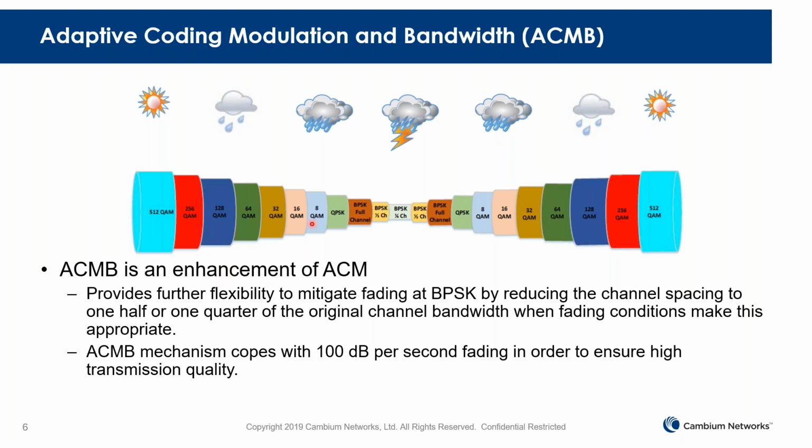When we're down to QPSK mode and we need additional system gain or margin to maintain the link, we will shrink the channel size to half of its size as the first step. Then we shrink the channel size again to 1/4 of the channel size, staying on BPSK.